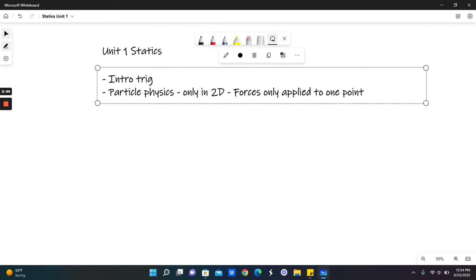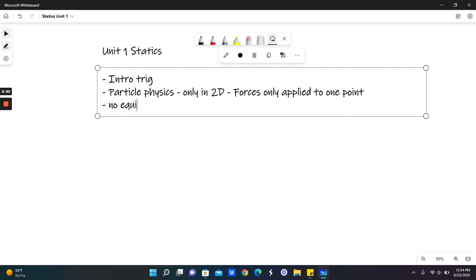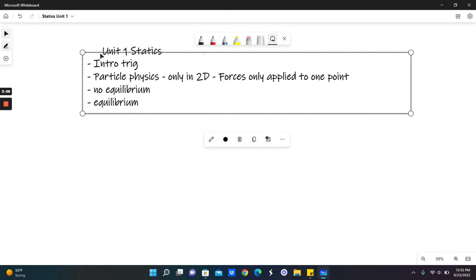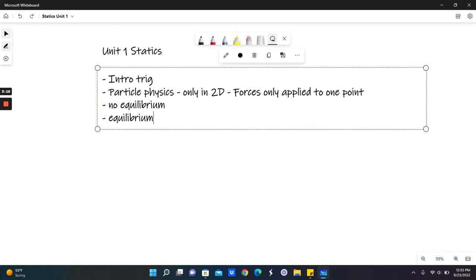Okay, so with our particle physics, we have no equilibrium and equilibrium problems.